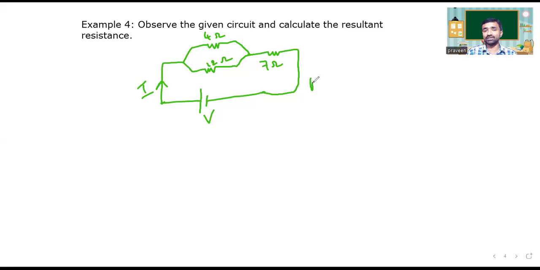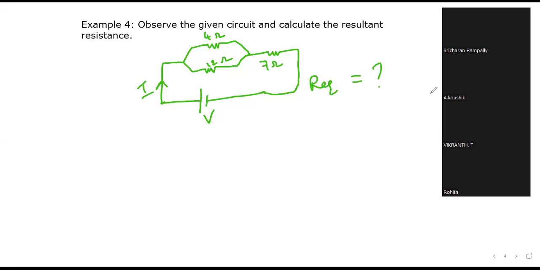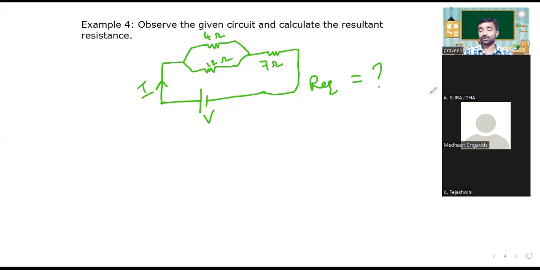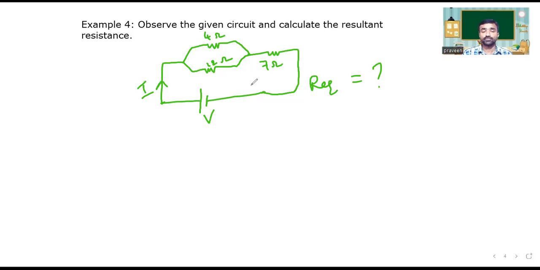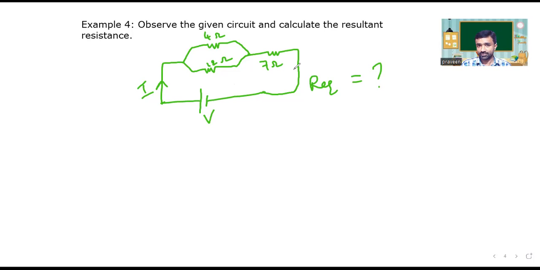So what is the equivalent resistance in the whole circuit? Here, is only one type of combination given, or are multiple combinations there? That means parallel and series, or series and parallel, whatever it may be. Are both available, or is only one type of combination there, either series or parallel? Surajita, tell me the combinations here between the resistors.